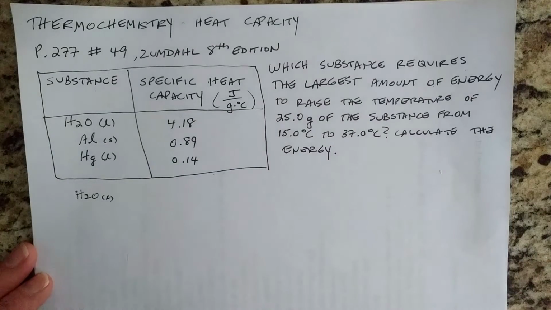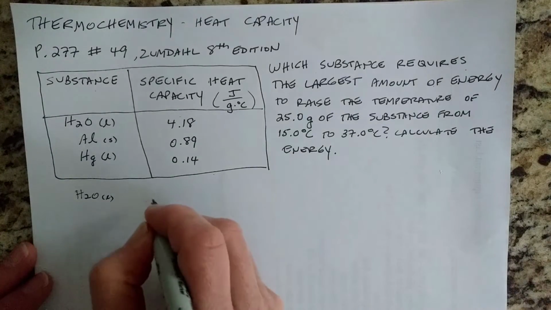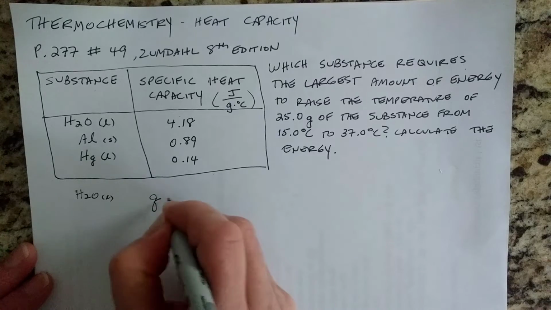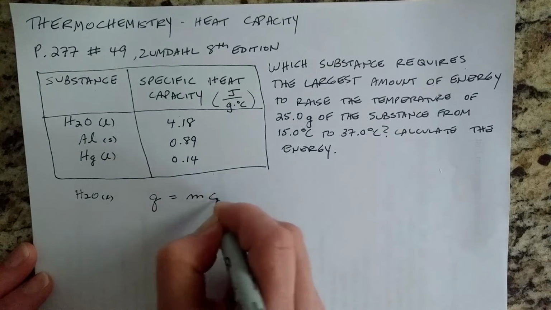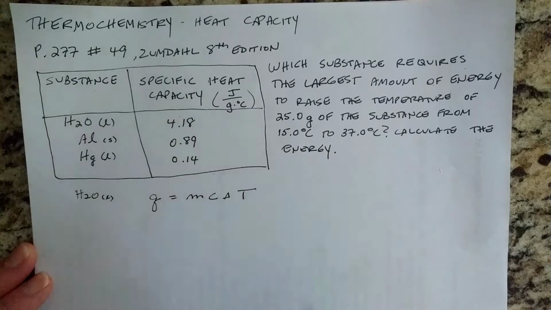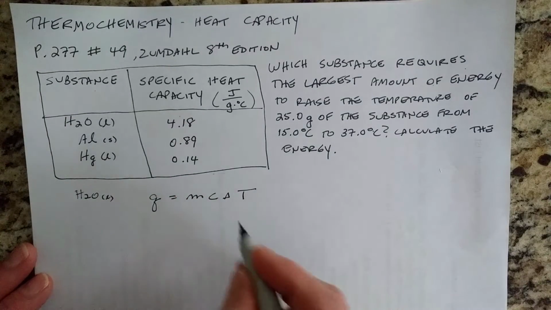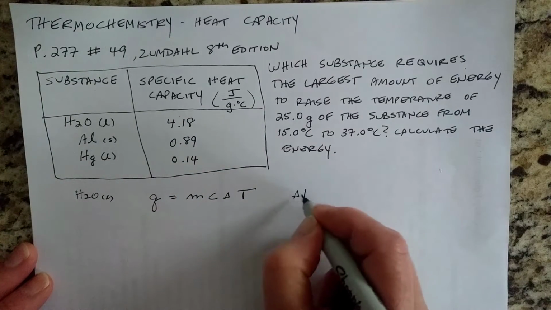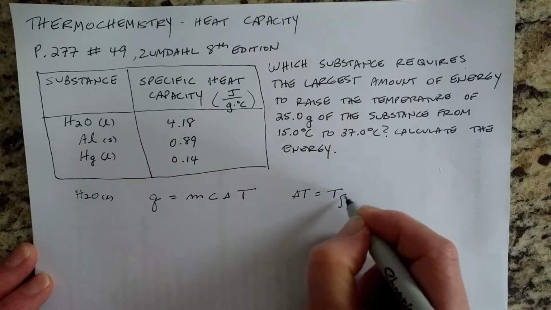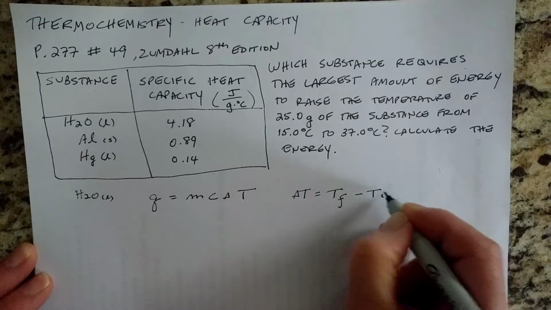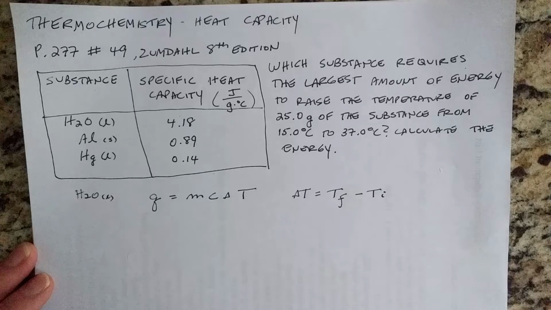Calculate the energy. So to calculate the energy, we use our equation Q equals mc delta T. And remember that whenever we have a delta, delta T is the final temperature minus the initial temperature.